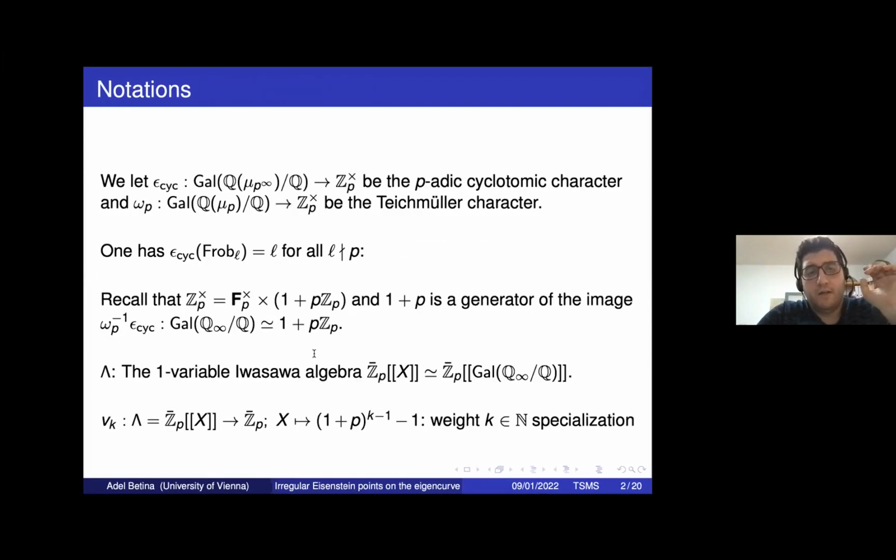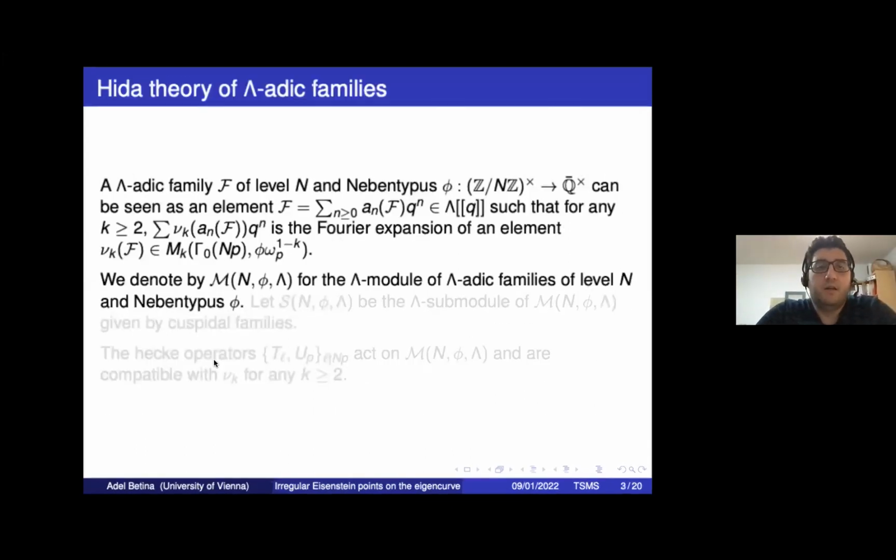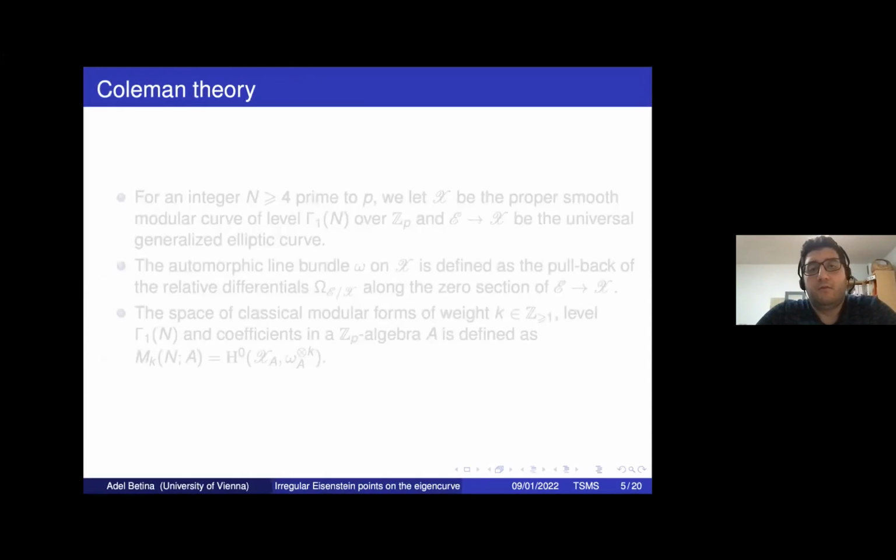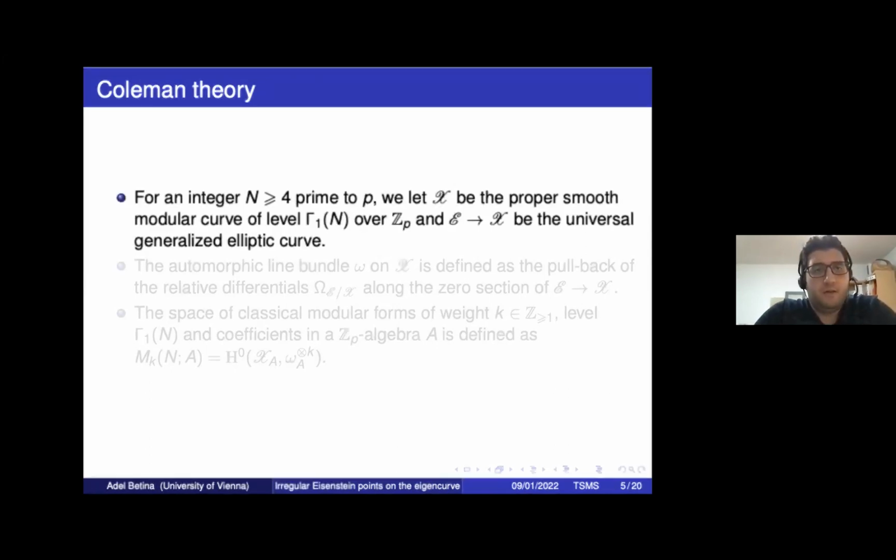So you cannot work in a nice ring like this one. You need to take a much more complicated ring. And then I need to first introduce where I can deform the weight, because a modular form already has a weight. You need to be able to deform it to understand the space where the weight lives. And then I will explain the main results.